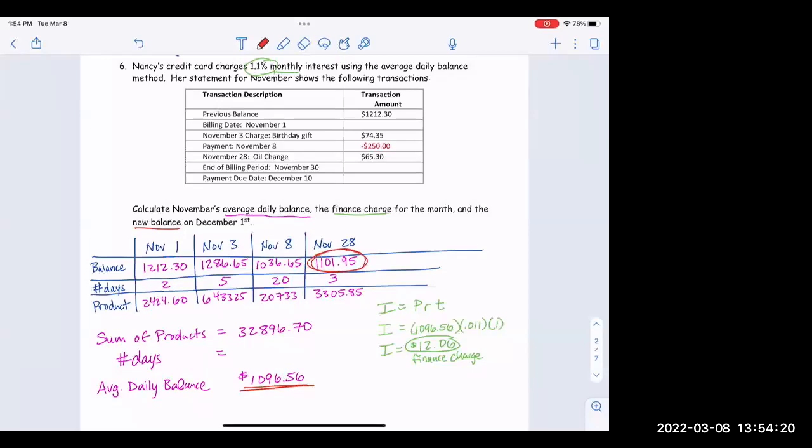So to find this, we're going to take the previous balance, $1,101.95, and add the $12.06 interest to that.